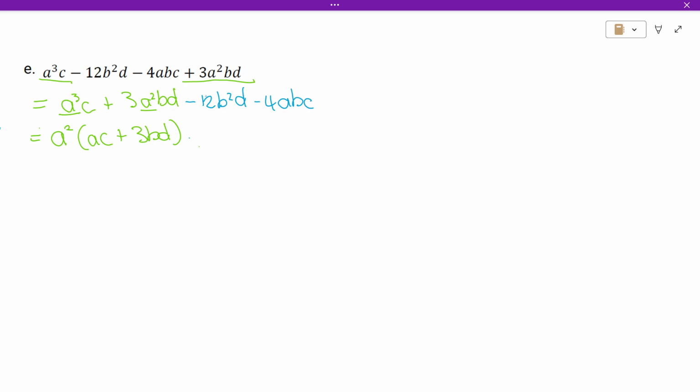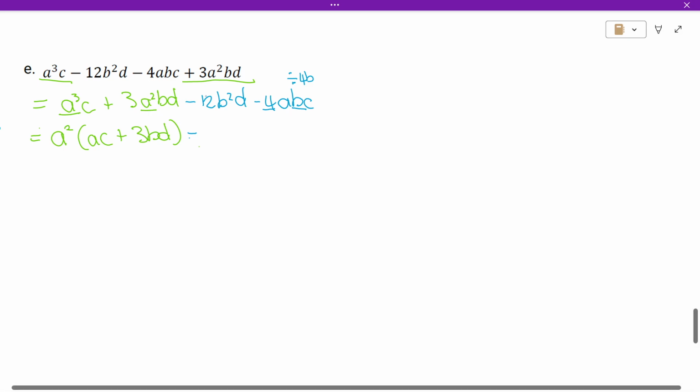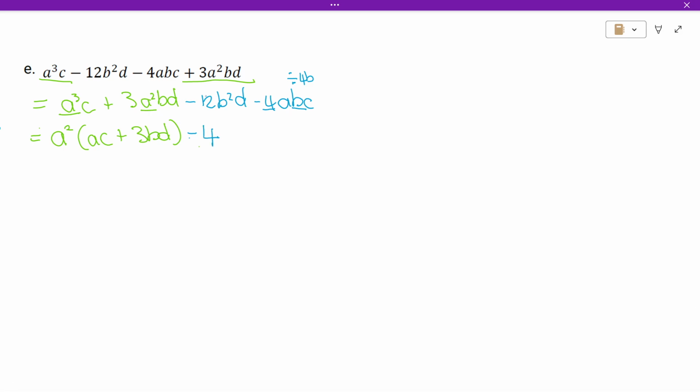Now in these groups I can see that we can divide both of these by 4 and by b. Right, so if we divide this by 4b and this by 4b, what's remaining? Well, minus 12b^2d divided by 4b is equal to 3bd, and let's put this in brackets now, minus, oh sorry, I forgot to put the common factor outside the bracket, can't forget that there.